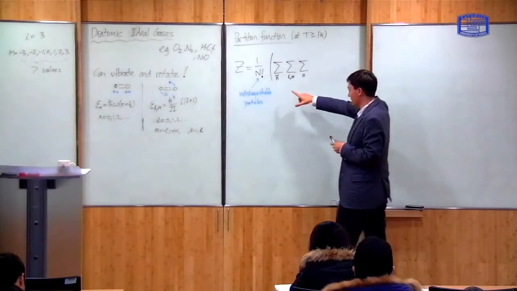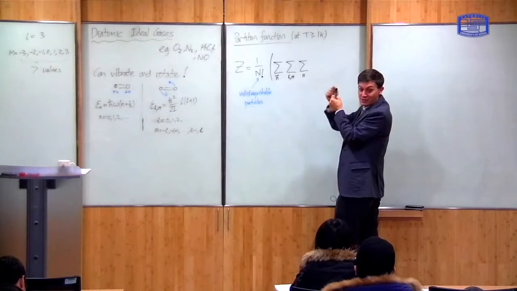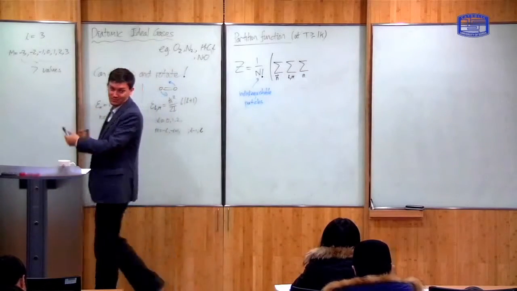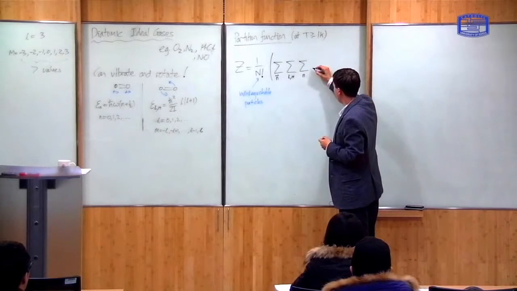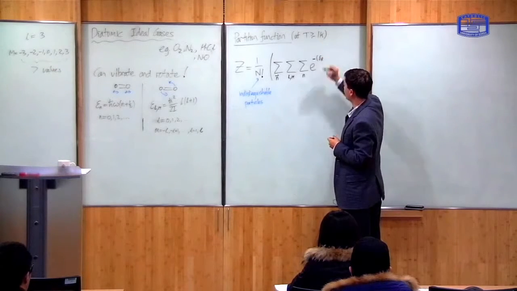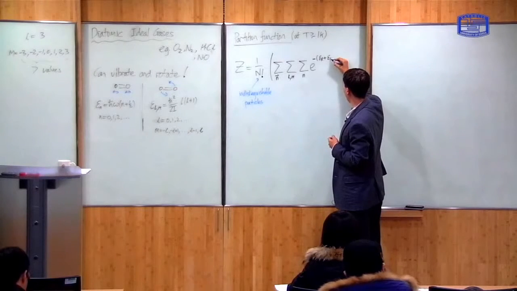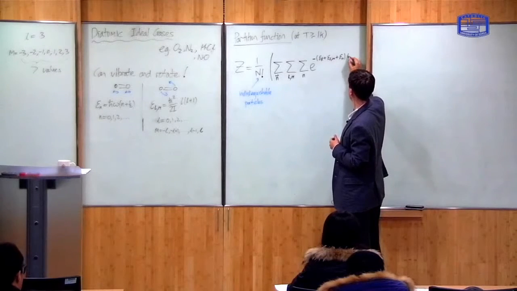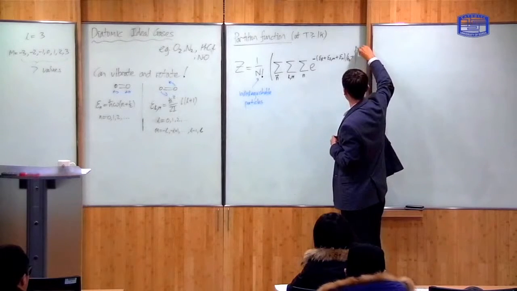So this is a sum over all possible states. It has a translational energy state, a rotational energy state, and a vibrational energy state. So it can do all three things together, right? It can move and rotate and vibrate all at the same time. And then the total energy of the particle is the sum of all of the energies. So I have e to the minus the translational part, that's epsilon n, then the rotational part, that's epsilon Lm, then the vibrational part, that's epsilon scalar n, all divided by kBT, and taken to the number of particles.